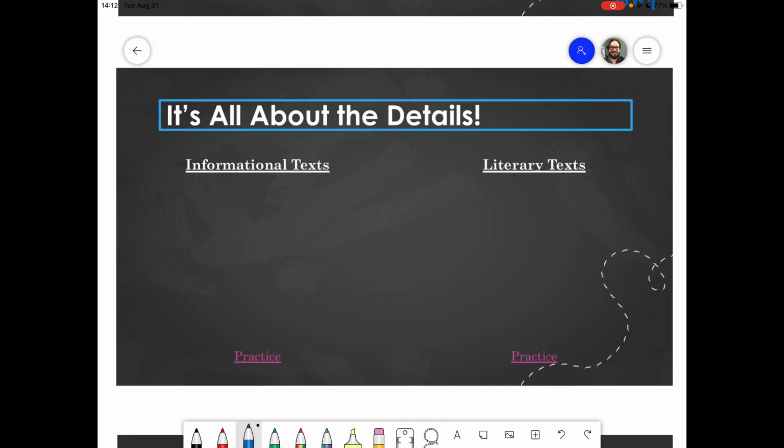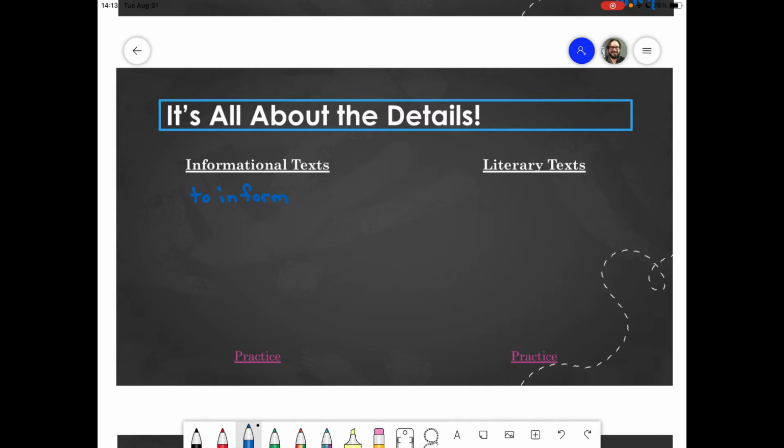In an informational text, it serves the purpose to inform. So informational texts are designed to provide us with information about a topic of interest or concern.